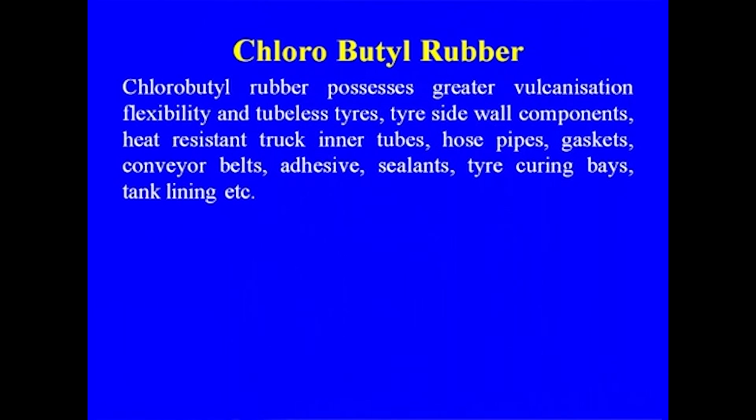Now, most of the new breed of the cars, you will find, are having the tubeless tires. So, tire side wall components, heat resistant inner tubes, hose pipes, gaskets, conveyor belts, adhesive, sealants, tire curing bags and the tank lining, etc. So, these are some of the uses.